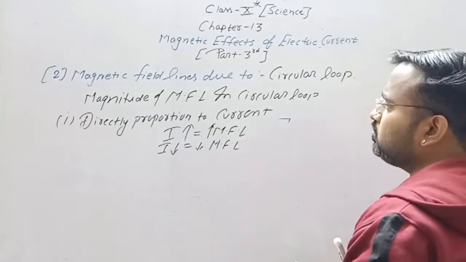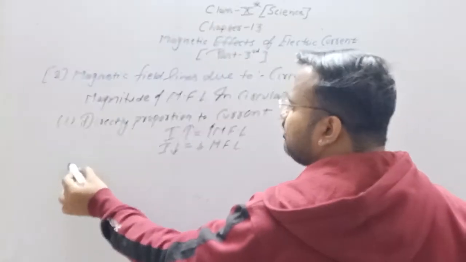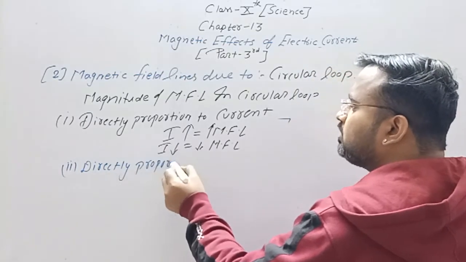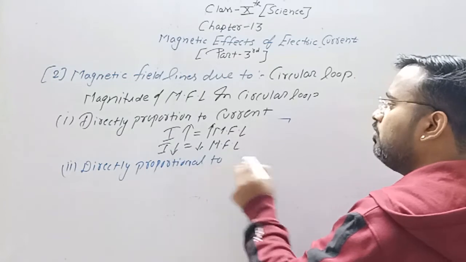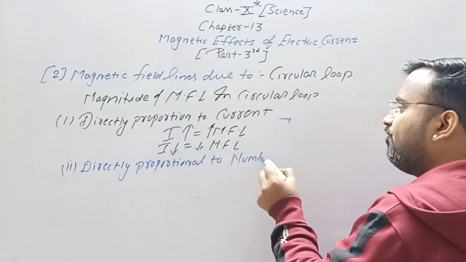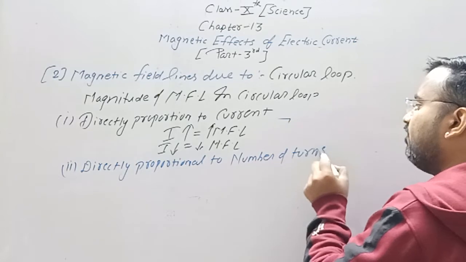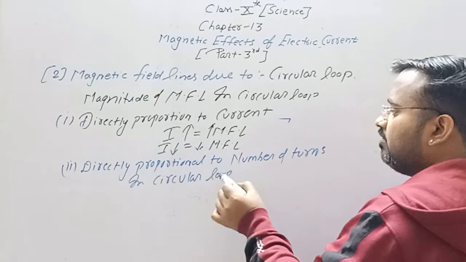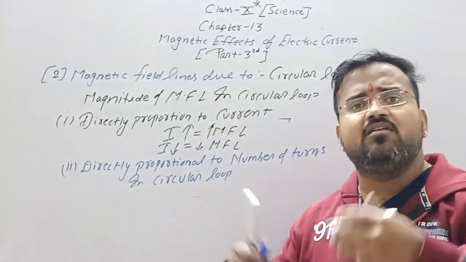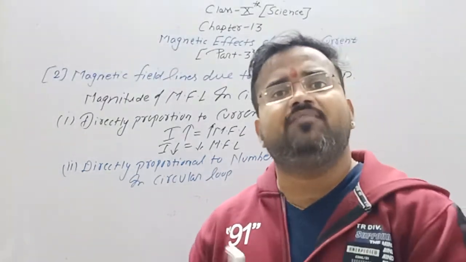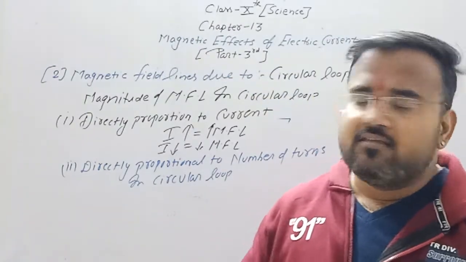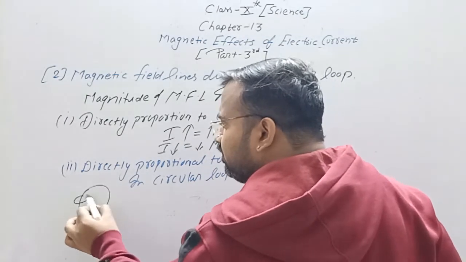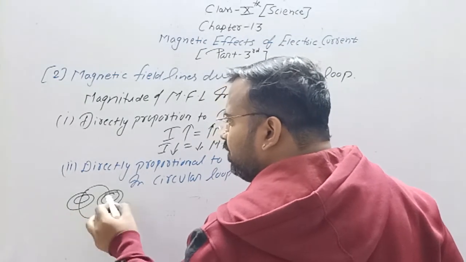Second, it is directly proportional to the number of turns in the circular loop. See, if the circular loop has only one turn, the magnetic field would be like this.